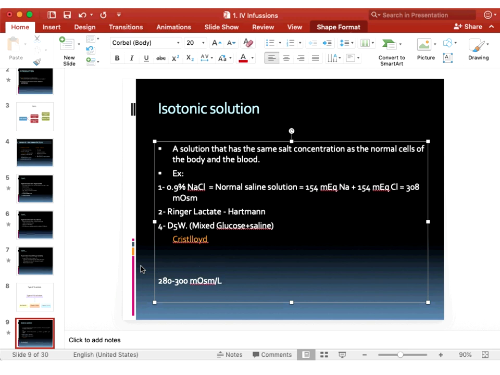milliosmoles, right? So you can say, all right, how can you call this an isotonic solution if the normal range of osmolarity is between 280 and 300? Strictly speaking, 308 goes beyond 300, right?